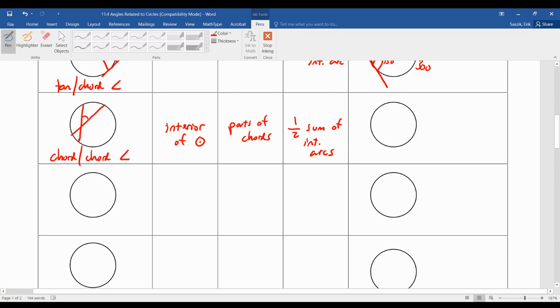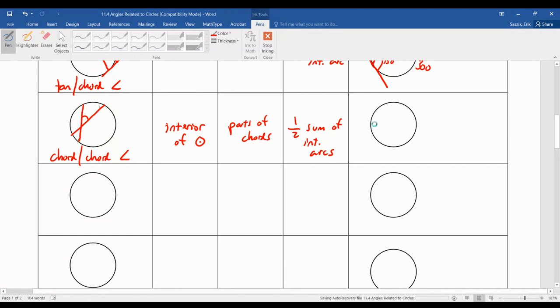So if I'm talking about this angle here, that means we're talking about this arc and this arc. Remember, these are vertical angles. So we're talking about the arcs opposite those vertical angles. So this angle here is going to be half of this sum. Works the other way too here with this big obtuse looking angle. This angle here would be half the sum of this big arc and that big arc.